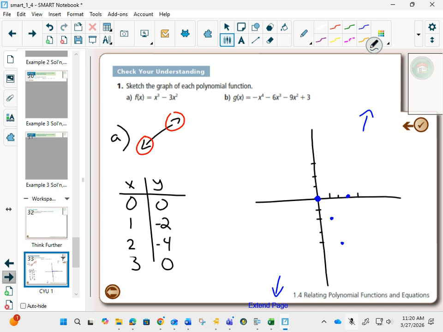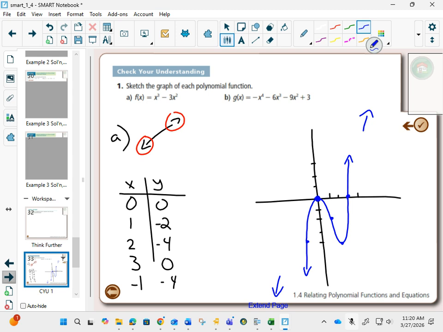I could plug in -1. -1 will be -4. So now I get some more points. I would guess that in between these points, it might look something like this. And if my end behavior has any kind of indication, this looks like it's a possibility.